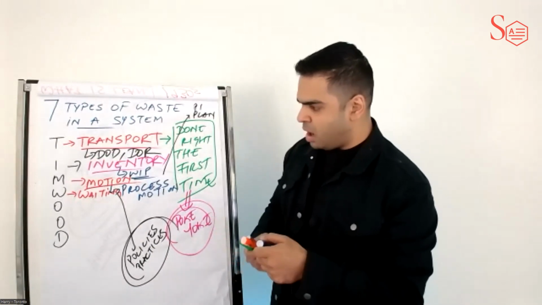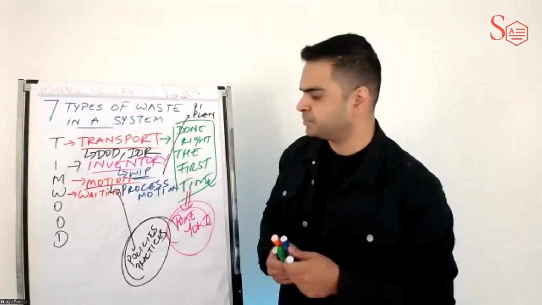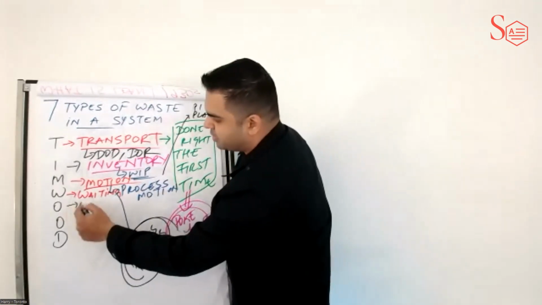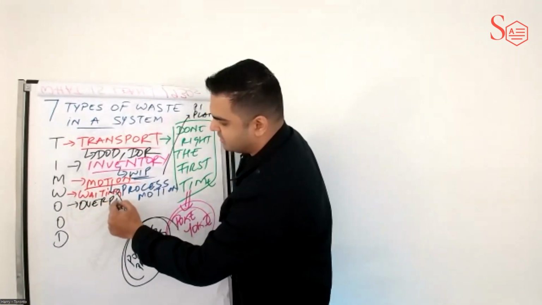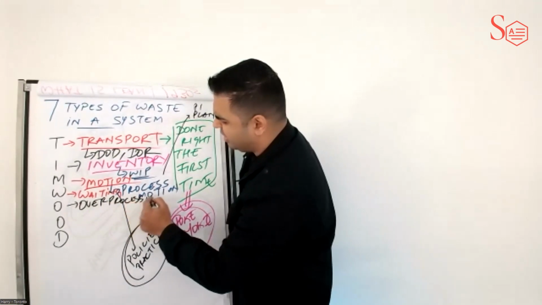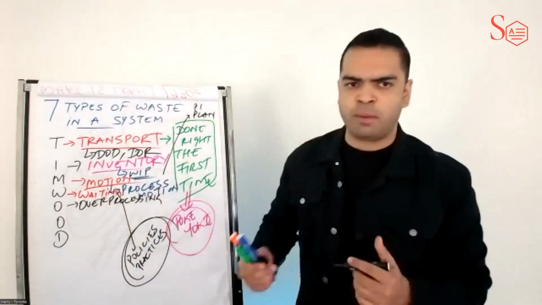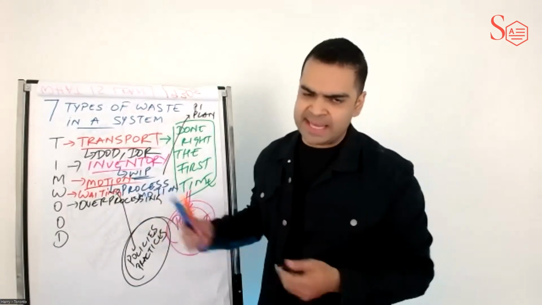So let's go into our O. Ready for our O? The first O refers to over processing, which kind of goes hand in hand with many other forms of waste. Over processing, exactly what it sounds like.